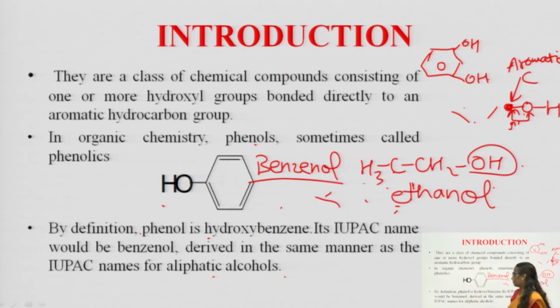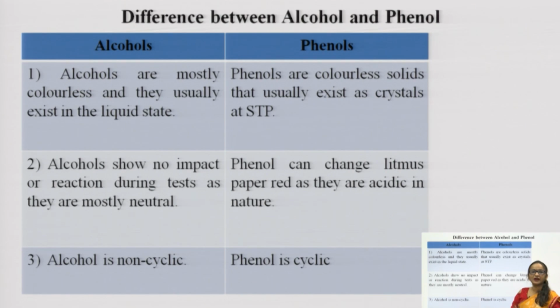Clear? So by this slide, I think you all have an idea of what phenols are. Phenols are aromatic compounds in which the carbon of benzene is directly attached to the OH group, the oxygen of the OH group.